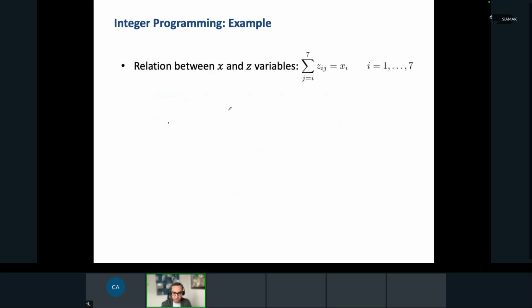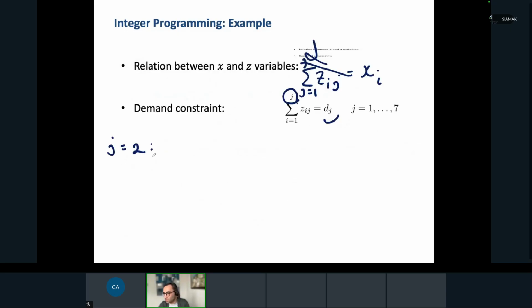Now, I'm going back to this constraint. Here, j is equal to 2. D2, the demand of the second box, can be satisfied by itself, and also 1 can be used to satisfy demand of box 2. So you see i starts from 1, it goes until j, which is equal to 2.